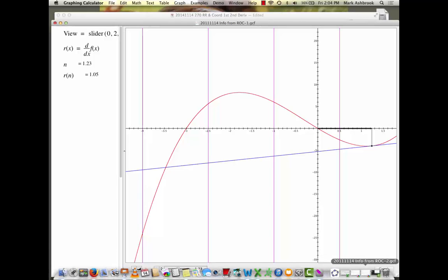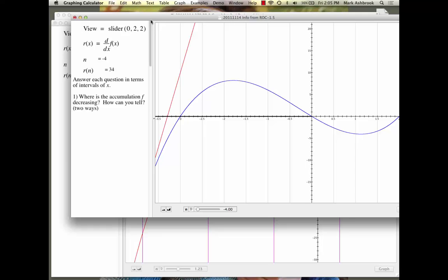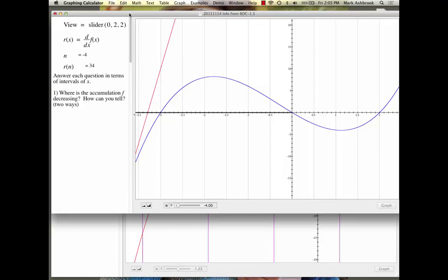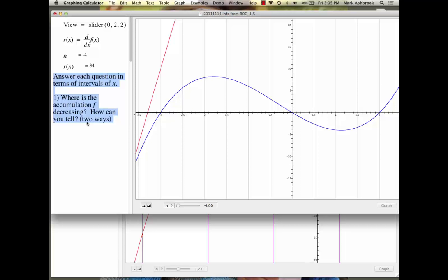We'll look at that same graph. Okay, so here's the same graph. Now I've got some questions for you. So I'm going to set it going. This is the same one we just analyzed. The red tangent line is a visual of the rate of change at the current value of x.